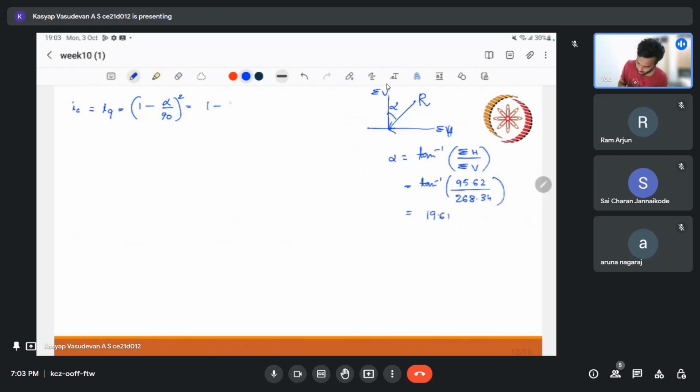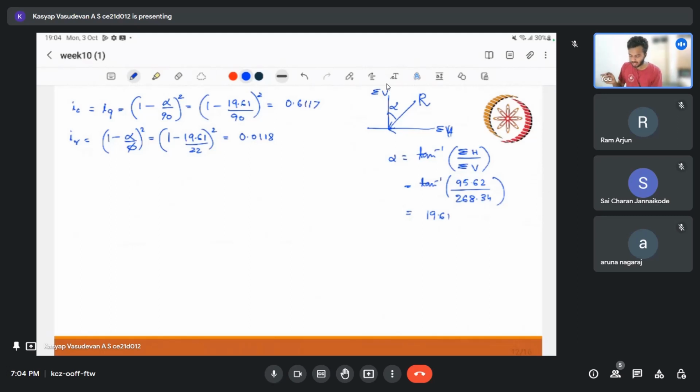So 1 minus (19.61 by 90) whole square turns out to be 0.6117. And our i_gamma is 1 minus (alpha by phi) whole square, so this will be 1 minus (19.61 by 22) whole square. This will be 0.0118, a very small value, so our third term is going to be reduced.